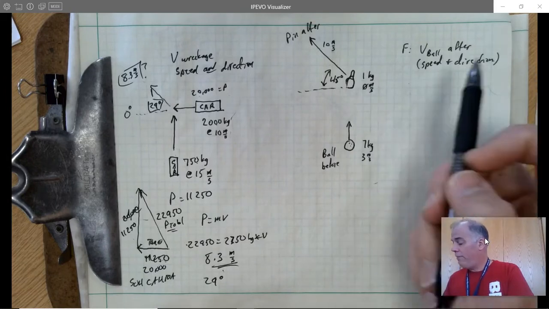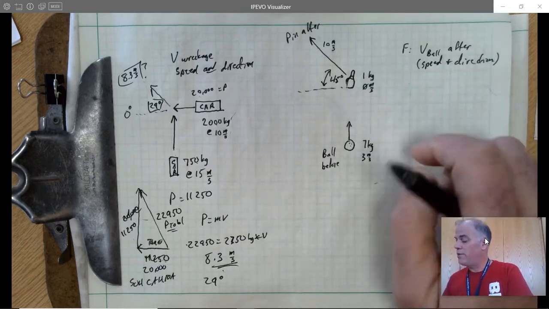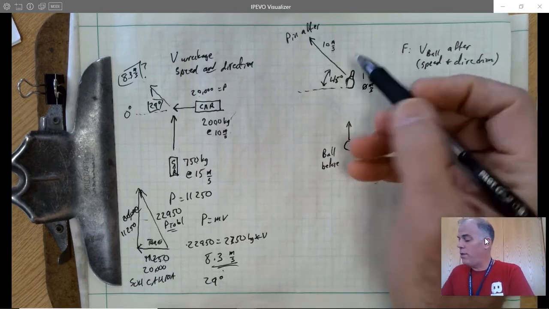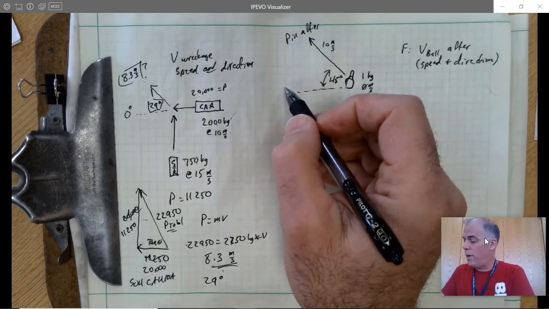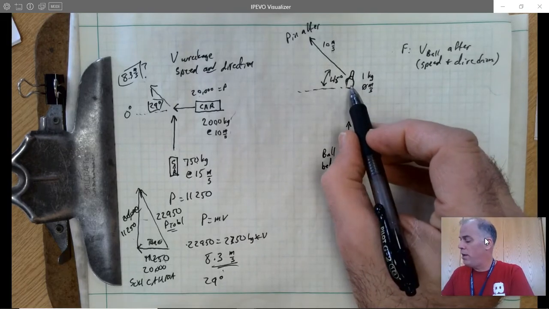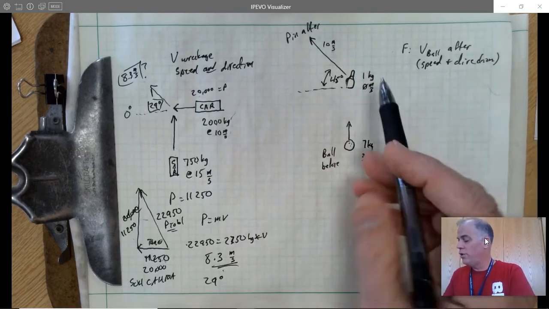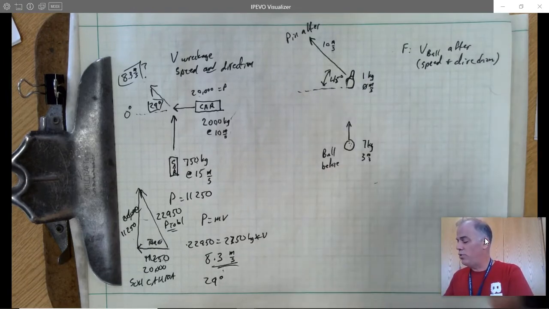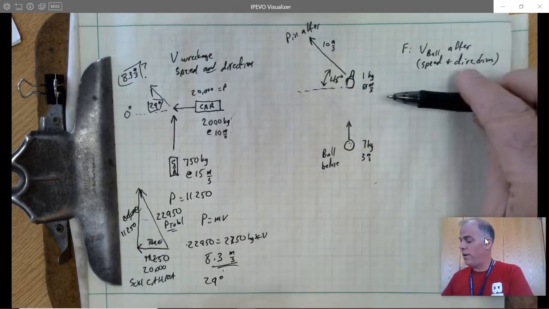So that means that after the collision, there still has to be no momentum in the x-axis, meaning that whatever the pin has going sideways one direction, the ball has to have the same amount of momentum going in the opposite direction.